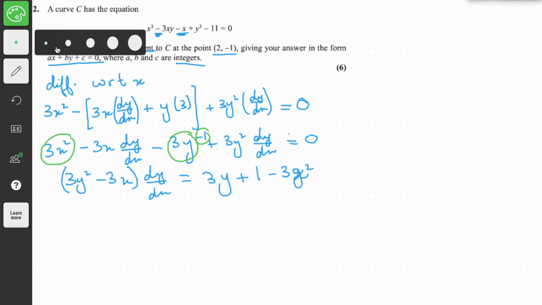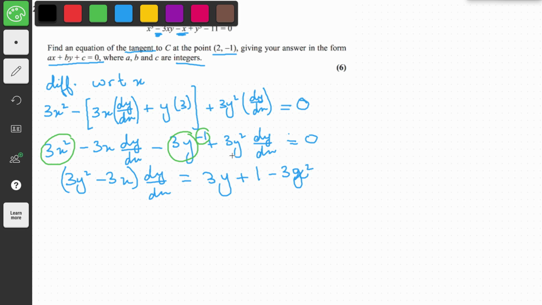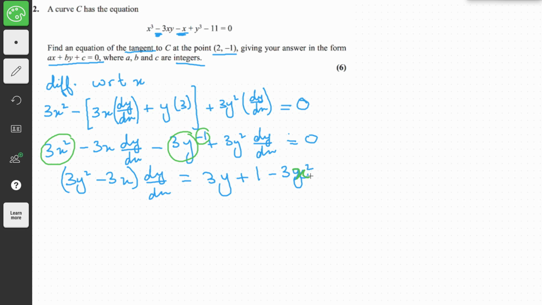Okay, now the next step is to write dy/dx equals 3y minus 3x squared plus 1 divided by 3y squared minus 3x.